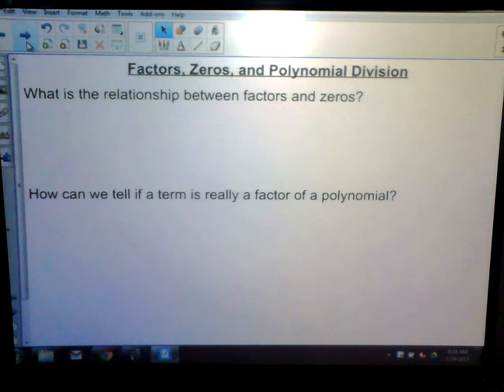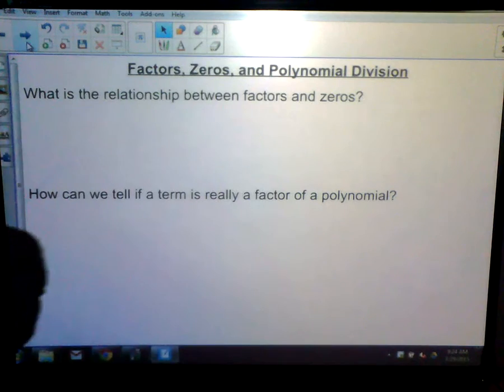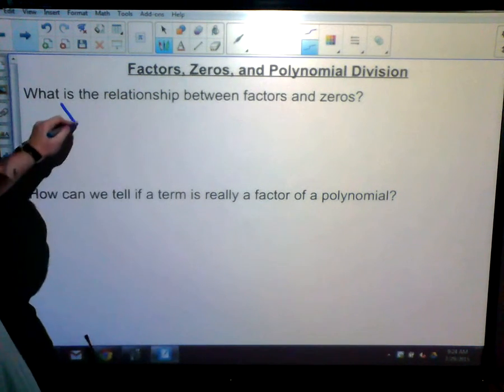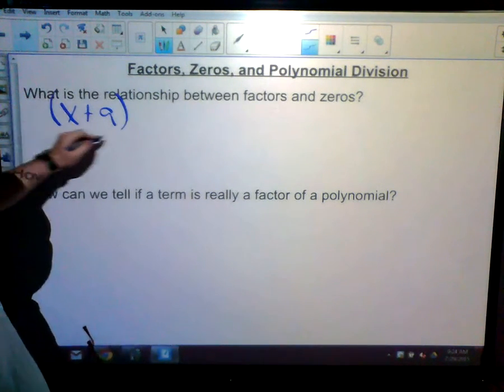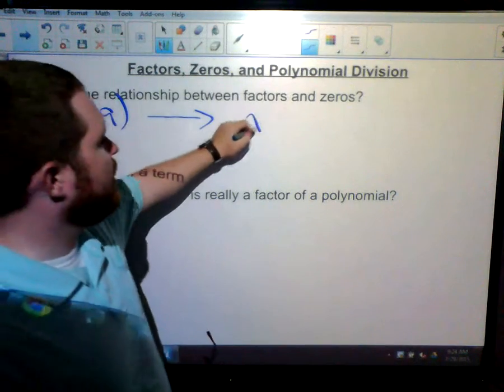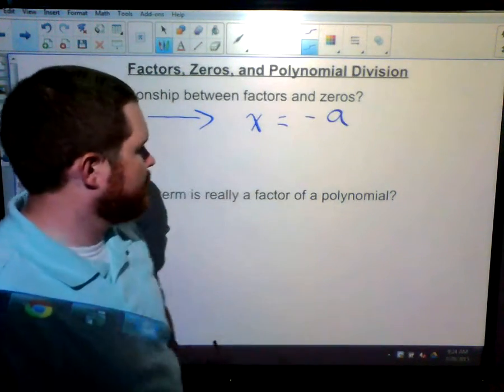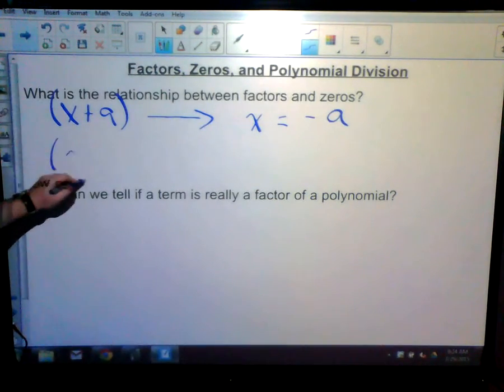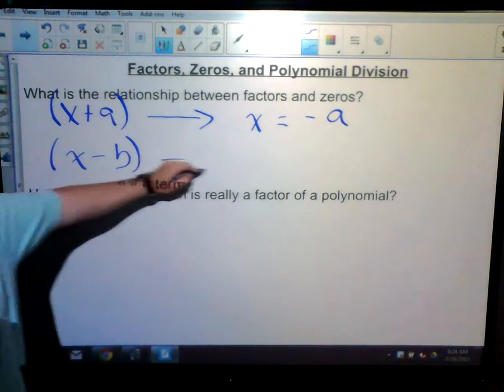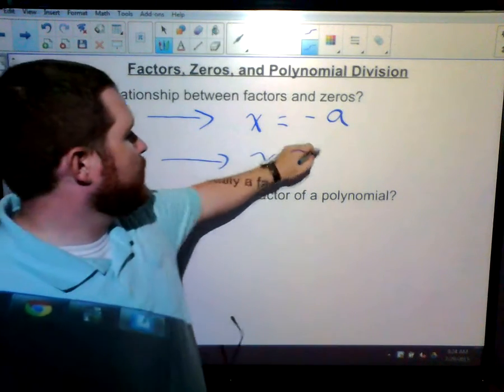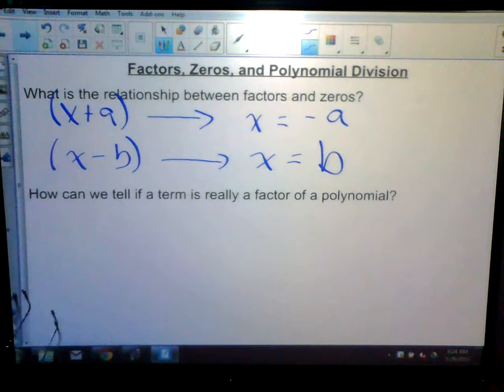Okay, factor zeros in polynomial division. What is the relationship between a factor and a 0? Well, basically, if you have x plus a as a factor, that means that the 0 is x equals negative a. If your factor is x minus b, that means that your 0 is x equals positive b. How can we tell if a term is really a factor of a polynomial?